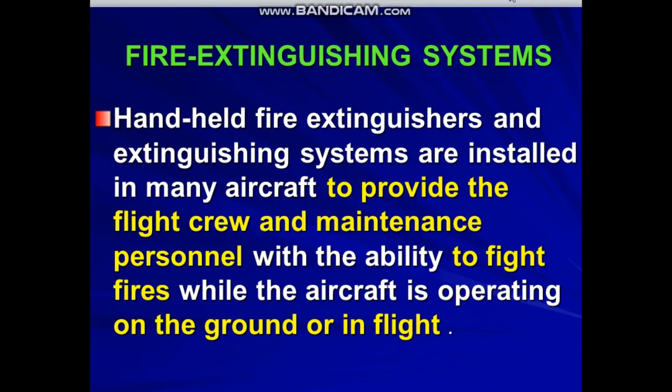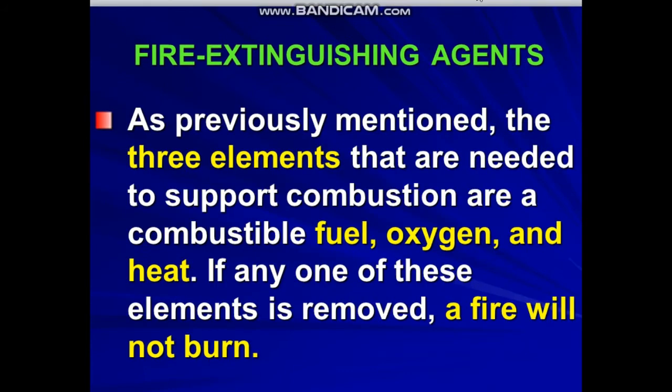Handheld fire extinguishers and extinguishing systems are installed in many aircraft to provide the flight crew and maintenance personnel with the ability to fight fires while the aircraft is operating on the ground or in flight. As previously mentioned, the three elements that are needed to support combustion are a combustible fuel, oxygen, and heat.